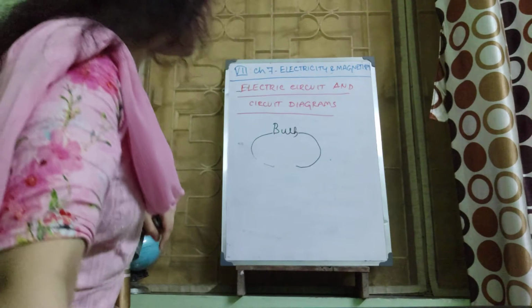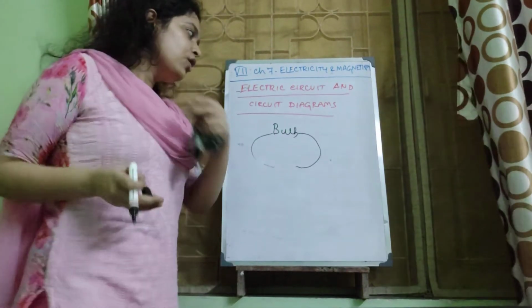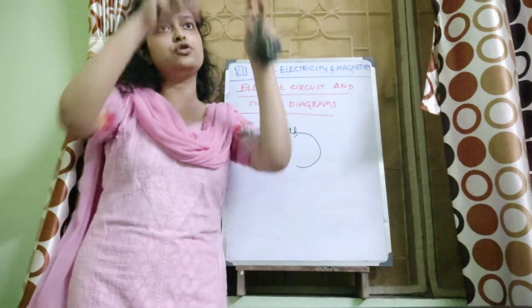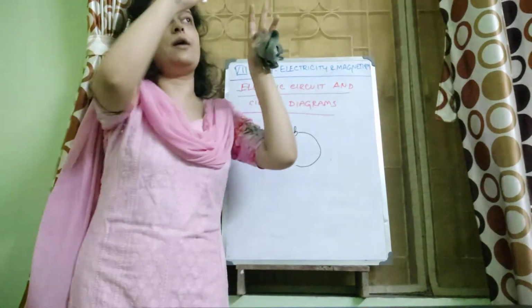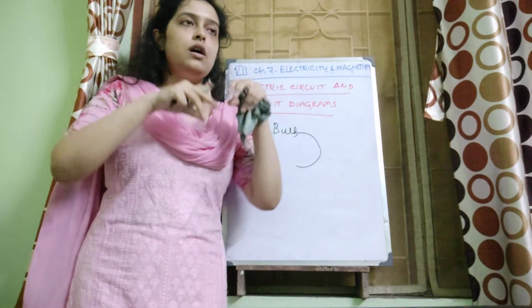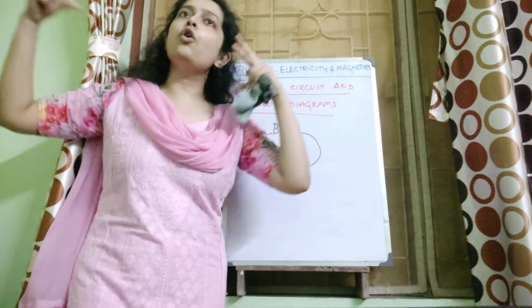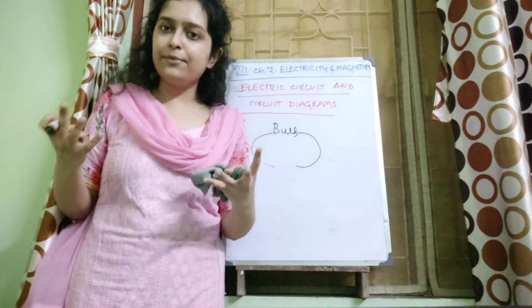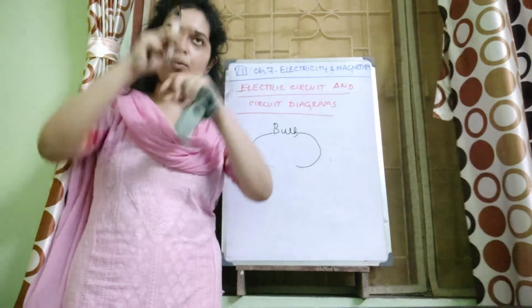So if I have many components, is it possible for me to draw each and everything? I have to draw a bulb, a cell, a switch. If I have to draw so many things, it takes a lot of time, right? And it's not very convenient to draw all these things.